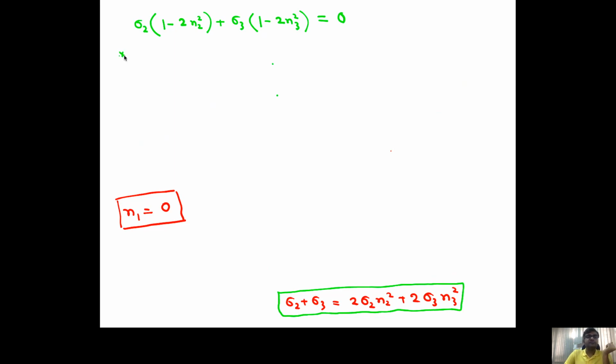Now, again, sigma 2 and sigma 3 are the principal stresses. And in general circumstances, sigma 2, sigma 3 will not be equal to 0. They have some arbitrary value.